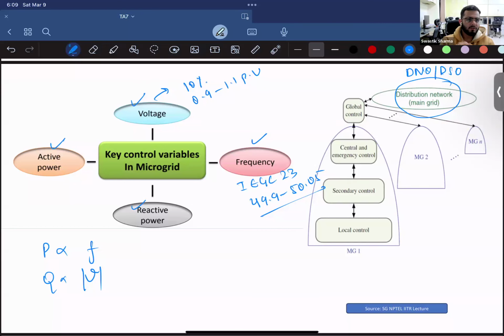Let's say there is a hospital or a school. We need to manage and control these microgrids in such a way that they provide uninterrupted power supply to these critical loads, because we need these loads to function at all costs.